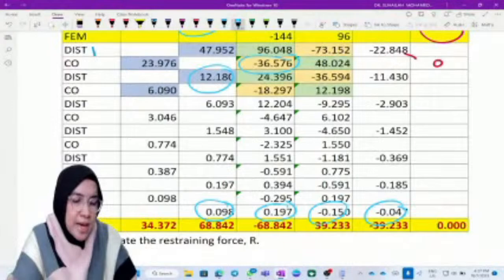So we repeat the process, the carry over process, the process in the table.